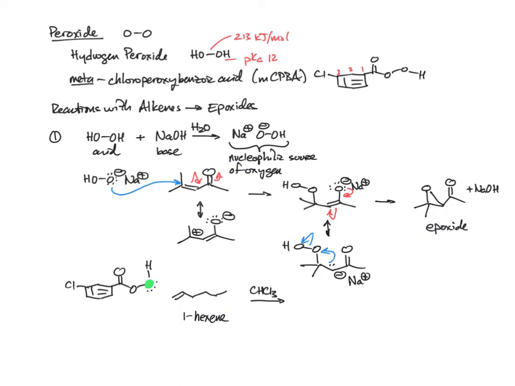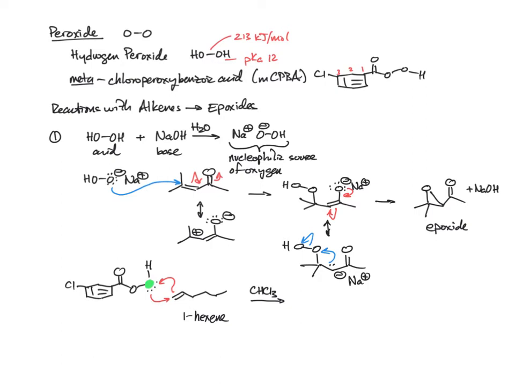So we have a nucleophilic oxygen here. It's going to attack the carbon. We have to break the carbon-carbon pi bond. And so the oxygen is going to add across those two carbons. So the pi bond is going to come back around and attack that oxygen.